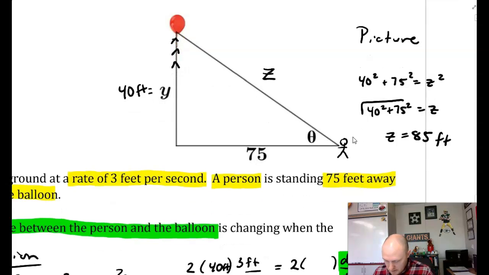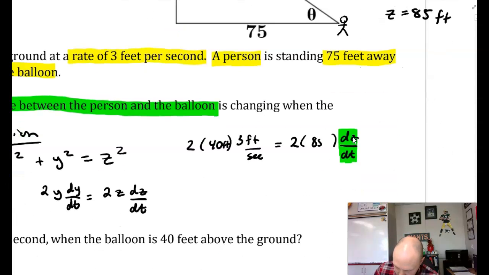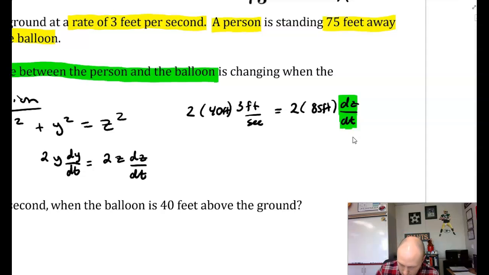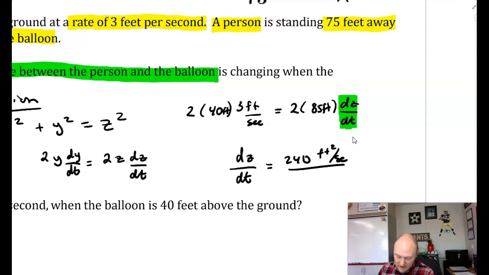So I'm going to plug in 85 feet, and now I just need to solve. dz/dt is equal to, on the left side it looks like we have 6 times 40, which gives us 240 feet squared per second, divided by 2 times 85, that's 170 feet.